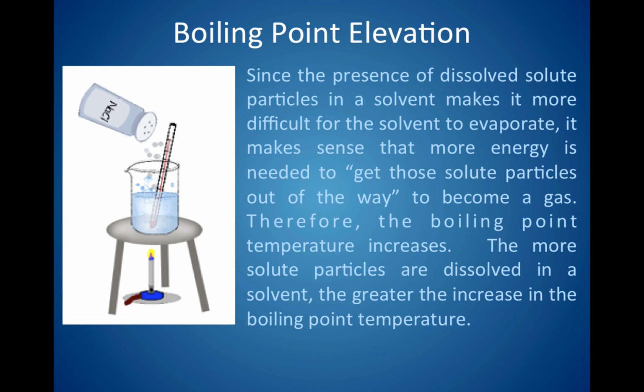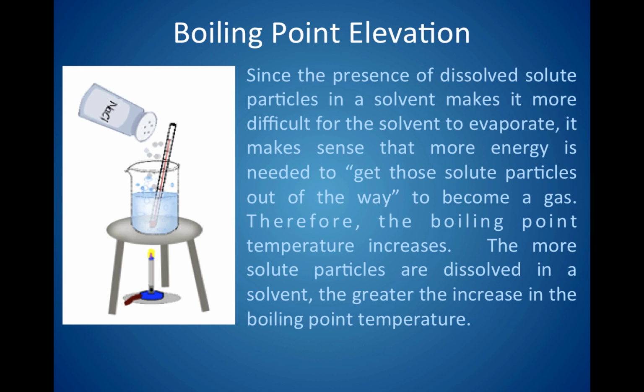Since the presence of dissolved solute particles in a solvent makes it more difficult for the solvent to evaporate, it makes sense that more energy is needed to get those solute particles out of the way to become a gas. Therefore, the boiling point temperature increases. The more solute particles dissolved in a solvent, the greater the increase in the boiling point temperature.